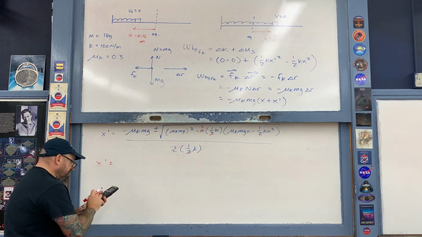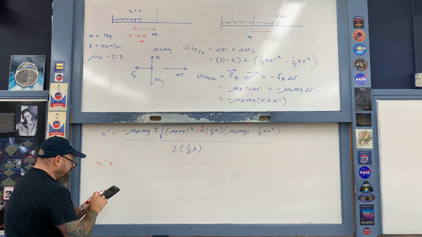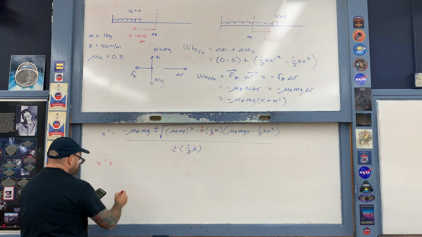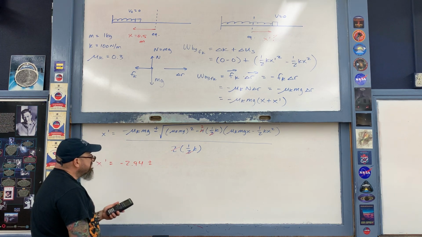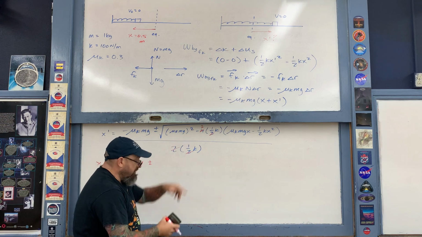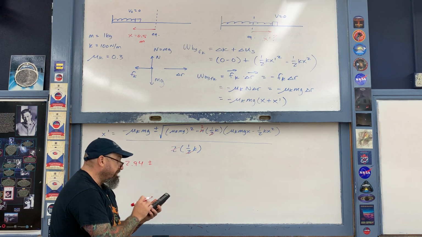Okay, so the first term is negative 0.3 for the coefficient, multiplied by 1 times 9.8. So this ends up being about negative 2.94. Okay, plus or minus. And now I'm going to do the radical. So I got this guy squared, so let's square that.